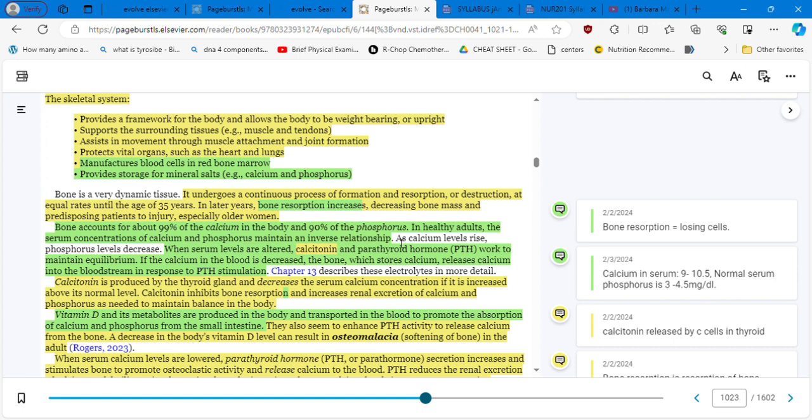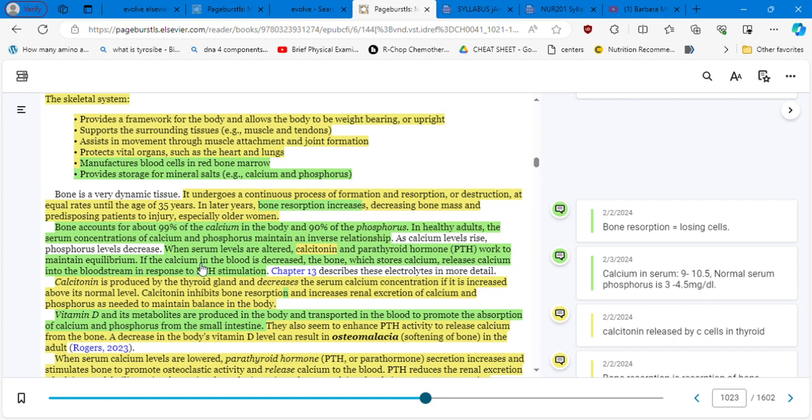Meaning when the calcium is high, the phosphorus is going to be low. If the phosphorus is high, calcium in serum is going to be low. That's the inverse relationship. When serum levels are altered, meaning the calcium and phosphorus are not in balance, calcitonin and parathyroid hormone work to maintain the equilibrium.